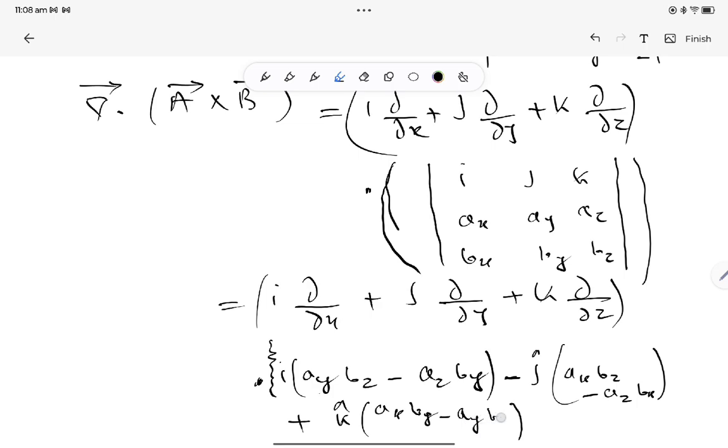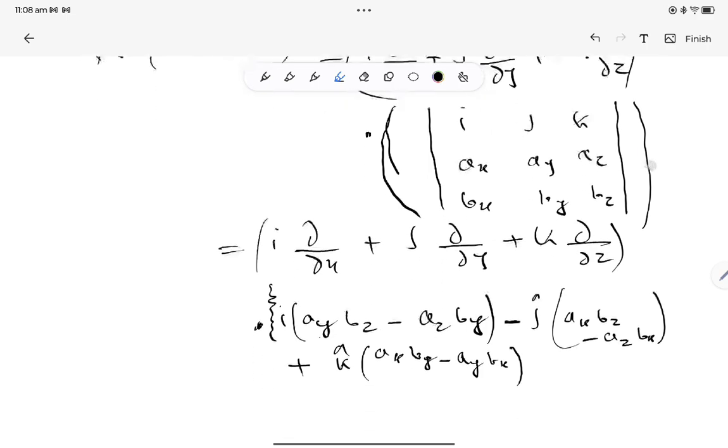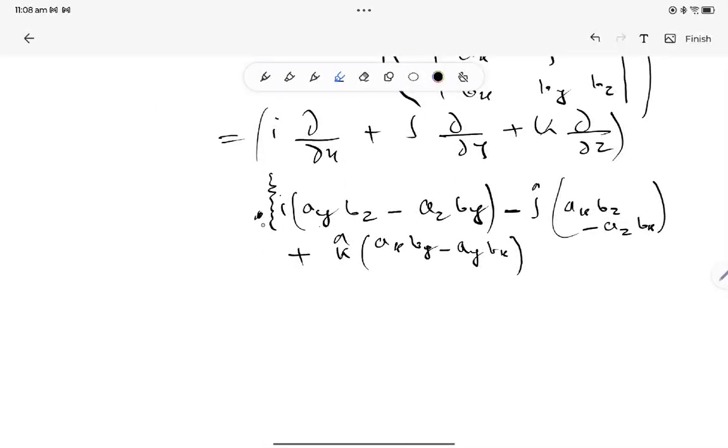Good. Now we will have to dot this with this, and as you are seeing, i cap with i cap, j cap with j cap, k cap with k cap, no cross terms. Therefore, look, this is a dot product here. Of course, this is a vector and this is a vector, but this dot product will reduce this to a scalar.